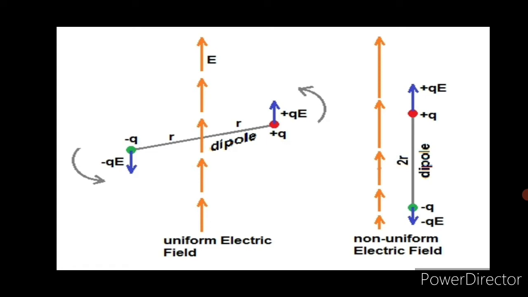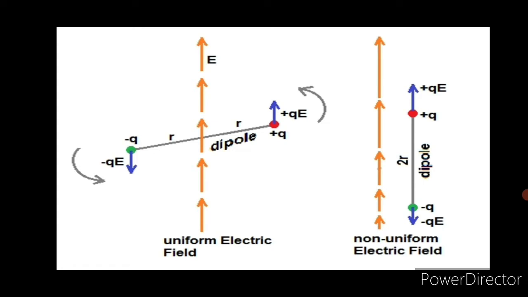Thus, if a dipole is left free in the electric field, it experiences a torque, and that torque, you can see here, tends to move it in the anti-clockwise direction.